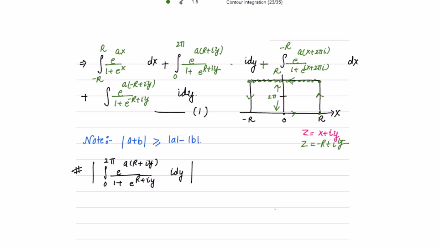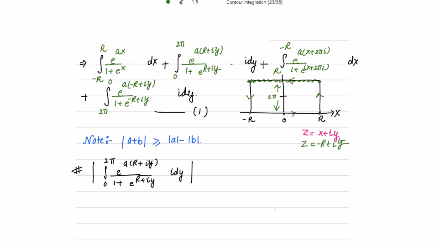Here the value of y maximum is 2 pi. Sorry, because I'm starting from here and reaching this point. So lower limit becomes 2 pi and upper limit is 0 for y. Okay. Let me mark this as 1.